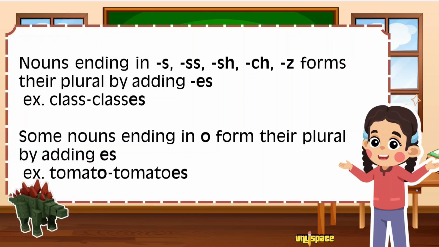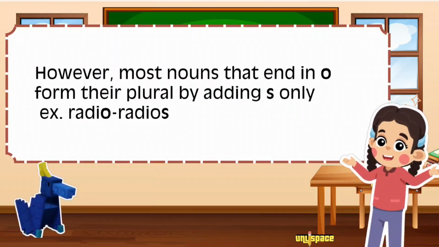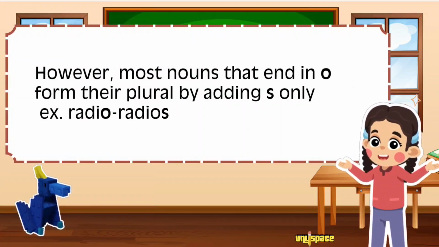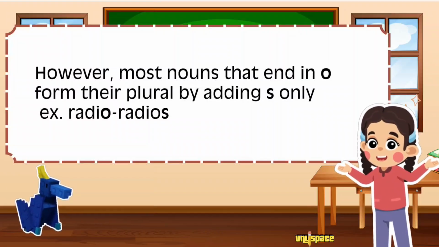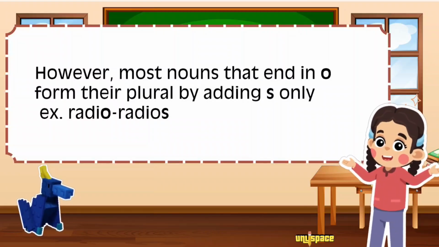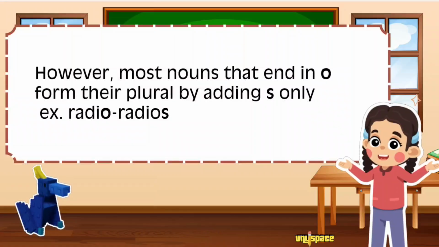Example, class, classes. Some nouns ending in O form their plural by adding ES. Example, tomato, tomatoes. However, most nouns that end in O form their plural by adding S only. Example, radio, radios.